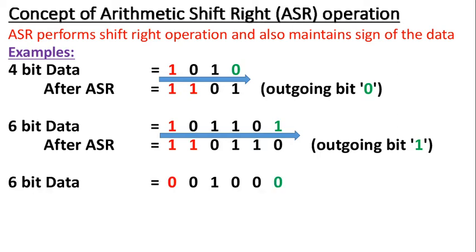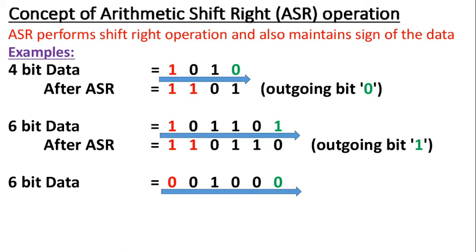One more example of 6 bits of data only, 001000. Again that shift right arrow, and then 0 will be simply copied. All the bits of that given input data will be copied except that LSB bit, which is 0, which is the outgoing bit.